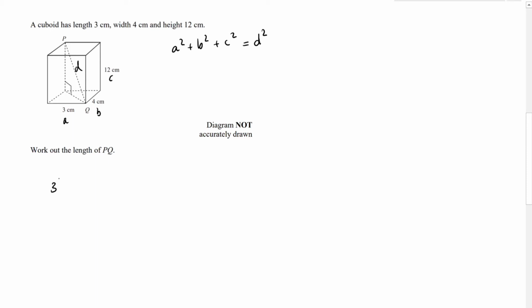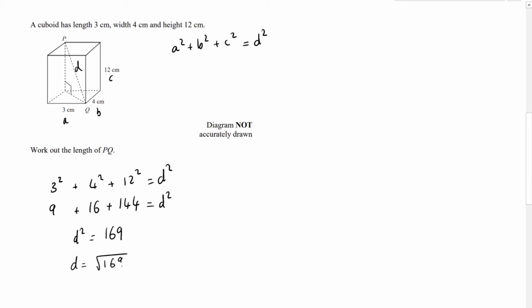So 3 squared plus 4 squared plus 12 squared is equal to D squared. 3 squared is 9, 4 squared is 16, 12 squared is 144. So 16 plus 144 brings us up to 160, and if I add all these together, I get 169. So D squared is equal to 169. And D is the square root of 169, which is 13 centimeters.